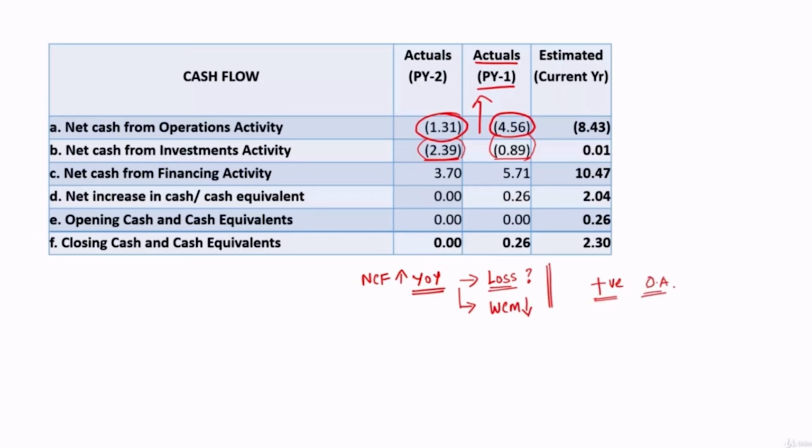Okay, negative cash flow from operational activities is not a good sign. Just think of a scenario where you are running a business, and if you want to sustain, if you want to manage that business, you are always dependent on either bank funds or additional infusion of funds from the owners. That's not a good sign, right?